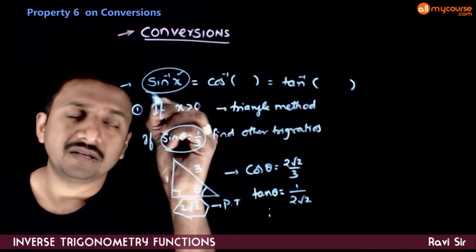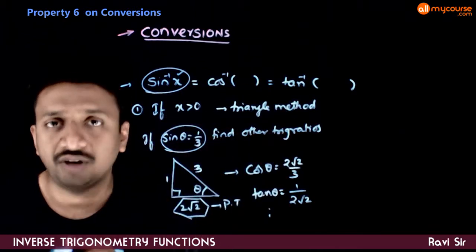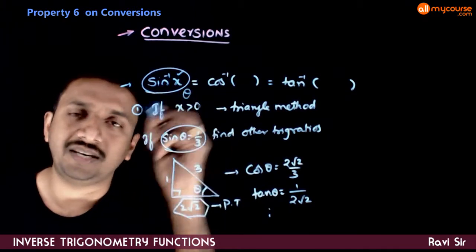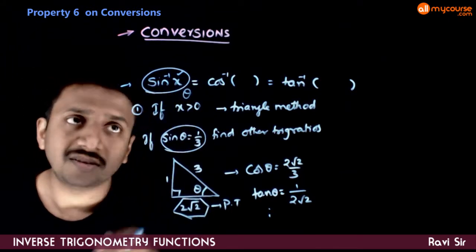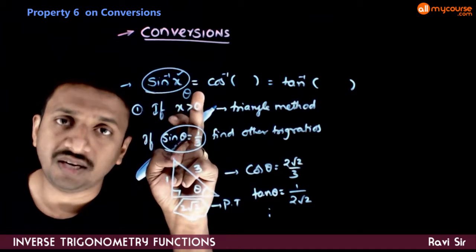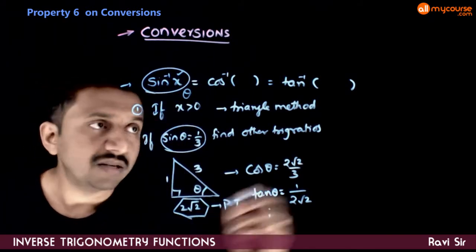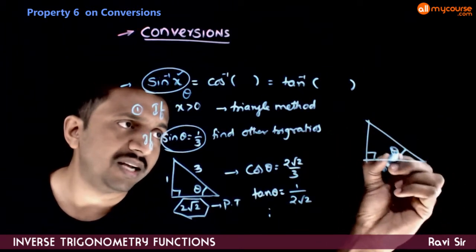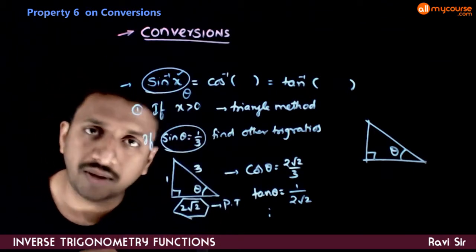Let us say we need to convert sin inverse x into other trigonometric ratios. So let sin inverse x be equal to theta. That means sin theta has to be equal to x. If sin inverse x is equal to theta, sin theta has to be equal to x. So if you draw a right angle triangle with theta here, sin theta has to be equal to x.